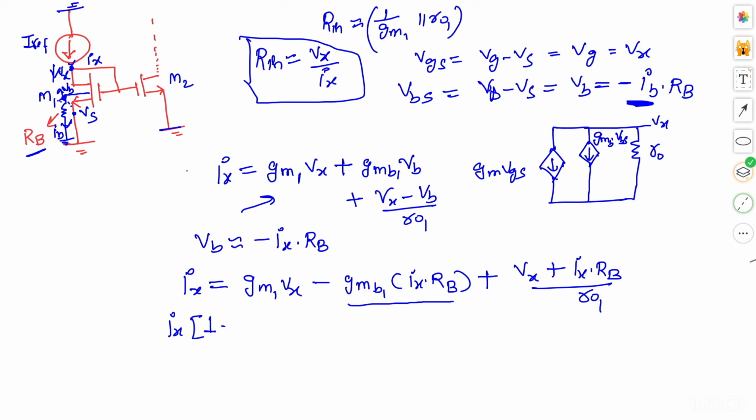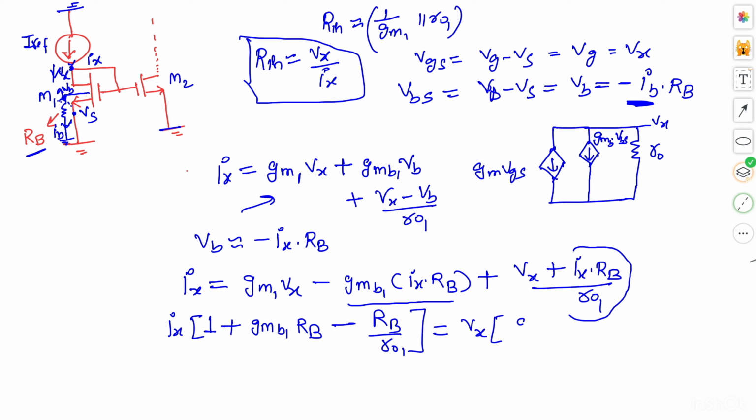So what we will get is plus GMB1 into RB, and minus this term will also come, so because of this we will get minus RB upon R01. And for the Vx term, that will have GM1, one factor from here, and the other factor because of this Vx upon R01. So Vx we have taken common, and we will get 1 upon R01 only.